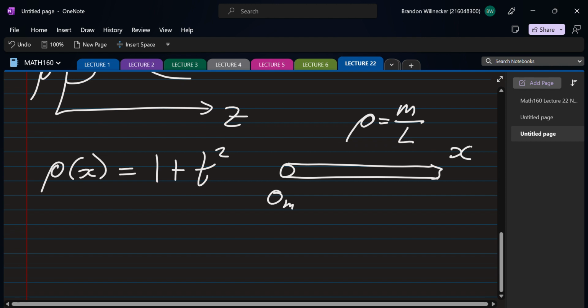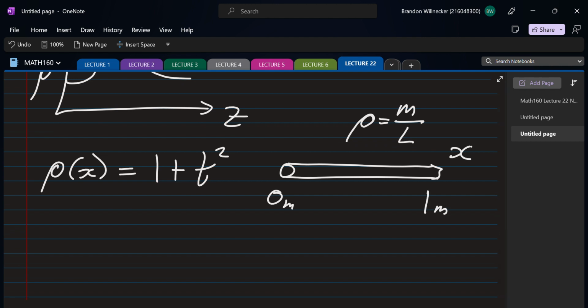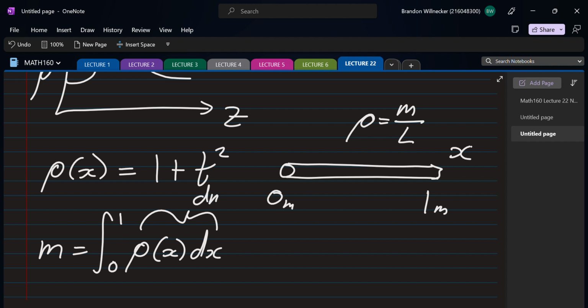So what will the mass be in this case? Let's say at this point is 0 meters, at this point is 1 meter. The density changes like that across. We want to know the total mass. So the mass will be the integral from 0 to 1, rho of x dx. All of this together is our infinitesimal mass, a little bit of mass at that point. We add up all the infinitesimal masses, and that gives us the total mass.